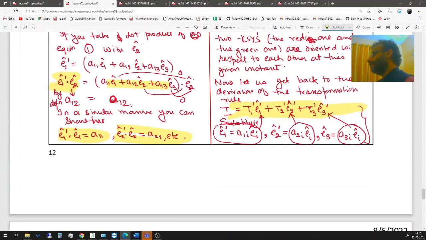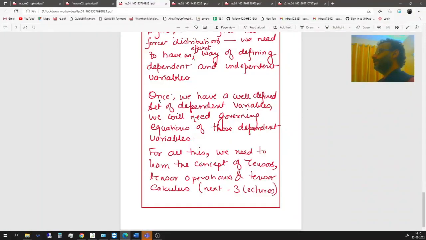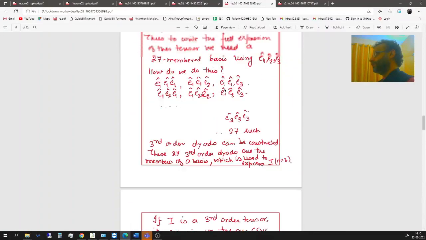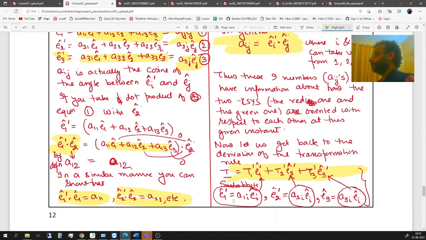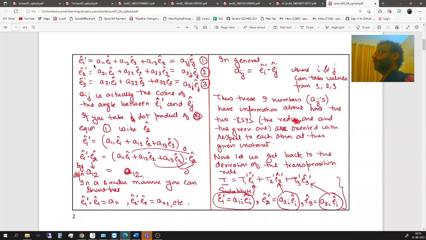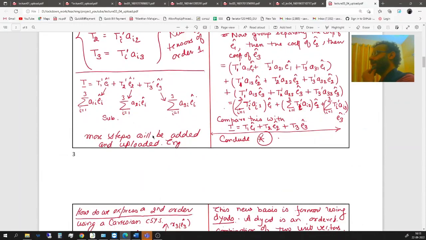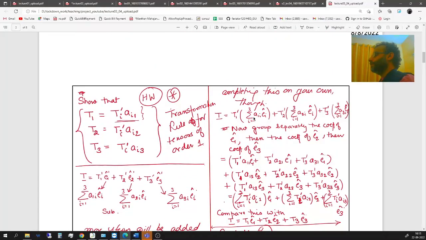So once you insert these substitutions in this expression, which is highlighted here, we will soon be getting what we call the transformation rule of the tensor. Once you make these substitutions for E1 prime, E2 prime, and E3 prime using these expressions, what we can get is this.